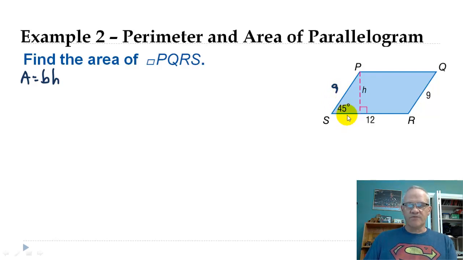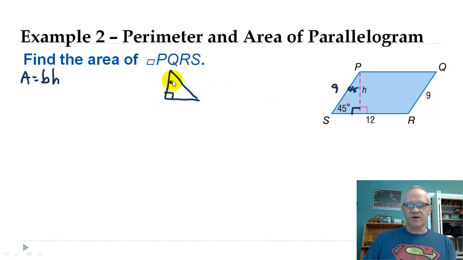Well, the fun thing here is, notice that this is a 45-degree angle. And since this is 90, that means this side would also be 45. So we've got a 45, 45, 90 triangle. Remember, there was a pattern for those triangles.